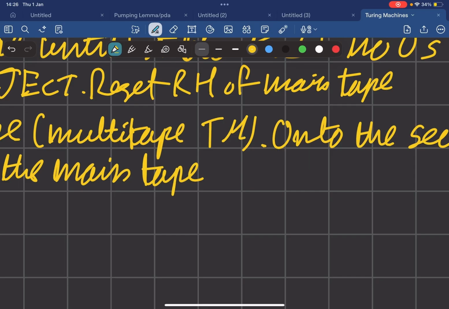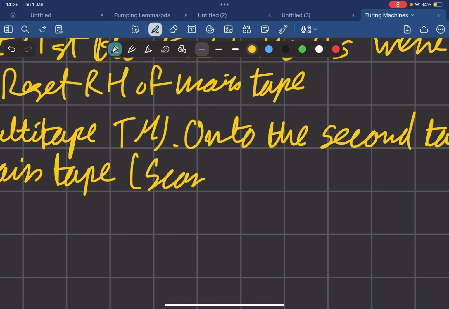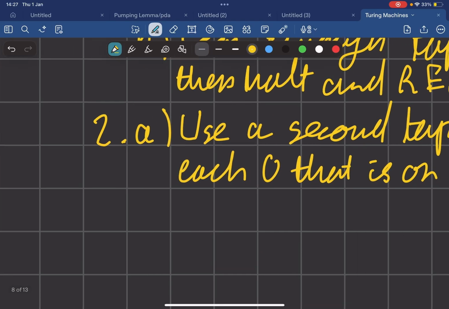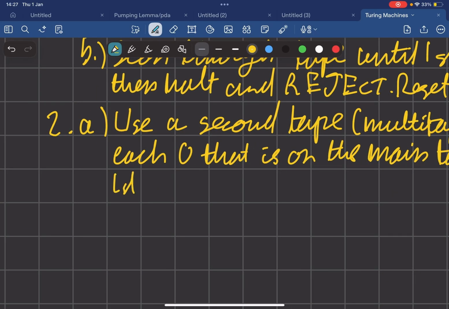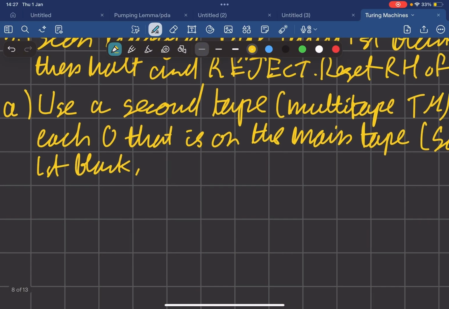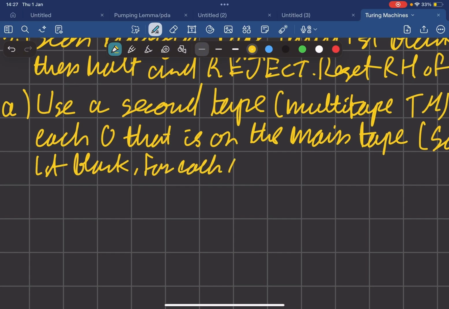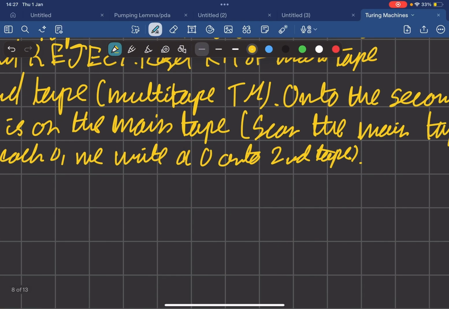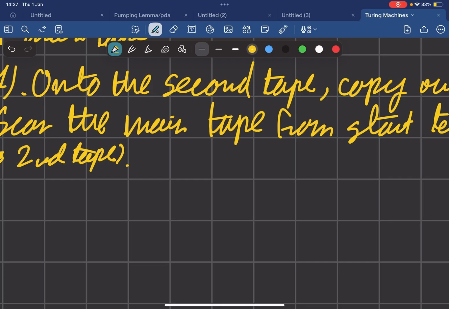So to do this, we scan the main tape from start to first blank, so the end of the input. And for each zero, we write a zero onto the second tape. And then let's call this tape the zero tape, just so it's easier to refer to in the future.